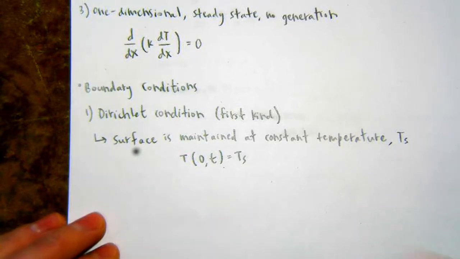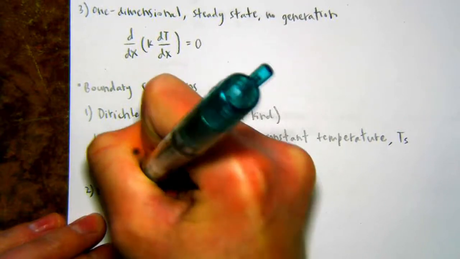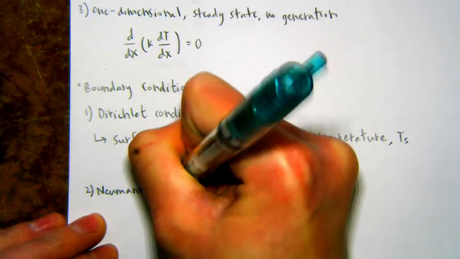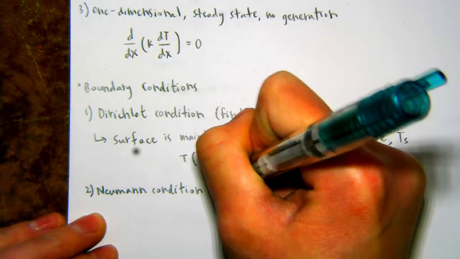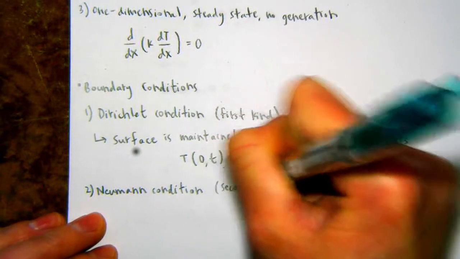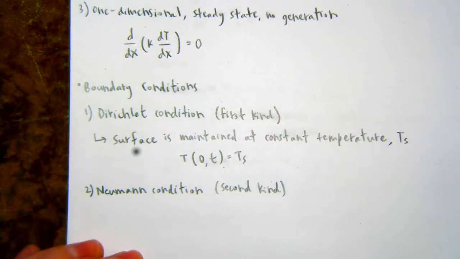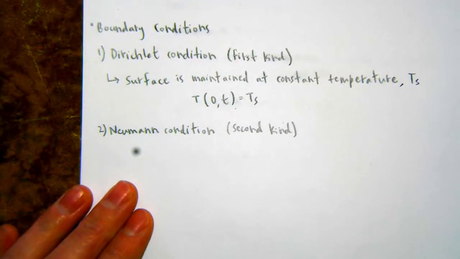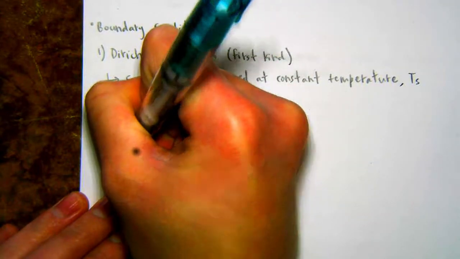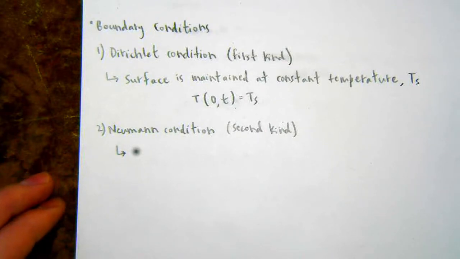Okay, the second kind is the Neumann condition. And that's when you have a constant heat flux at the surface. So instead of a constant temperature, there's a constant flux.